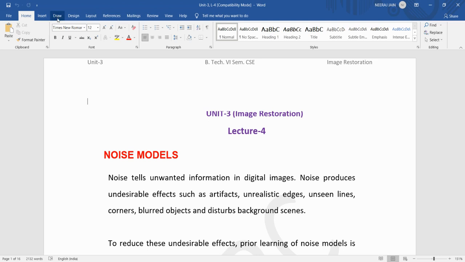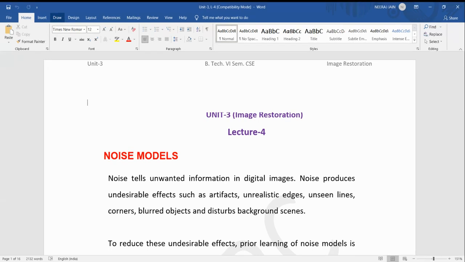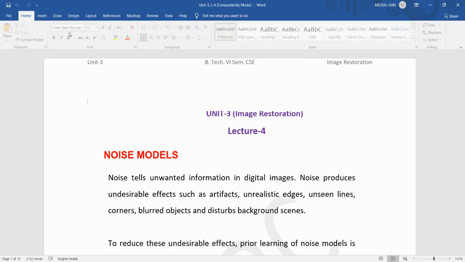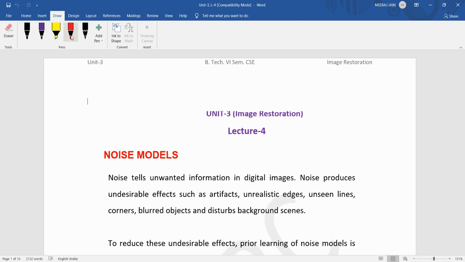Today we are going to discuss the several noise models. As we study in the restoration process of the image, we want to remove the noise, and to remove the noise we must know what the different noise models are.